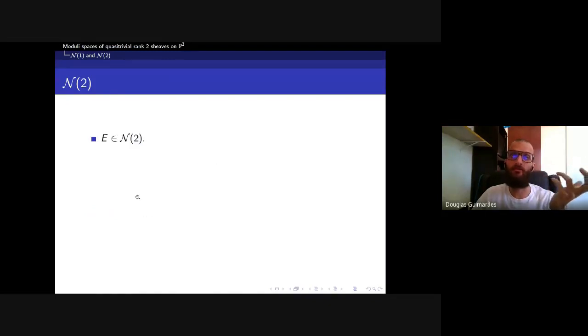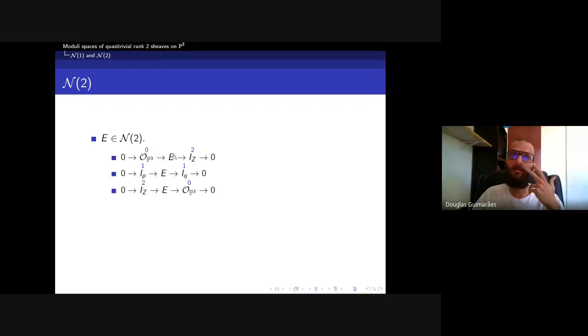And jumping to n=2, we use the second viewpoint of extension of ideals. So it can be written in at least one of these forms here. We put 0 points on the left side and 2 points on the right side, or 1 on each side, or 2 on the left and 0 on the right side. Studying these cases, we see that the first case cannot happen because this is destabilizing E. We are assuming E to be semi-stable.